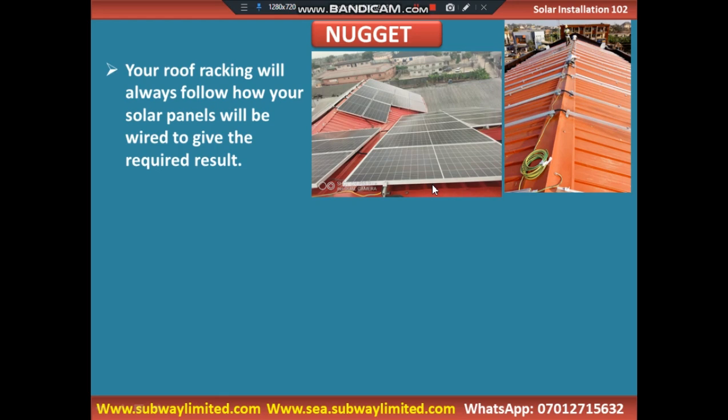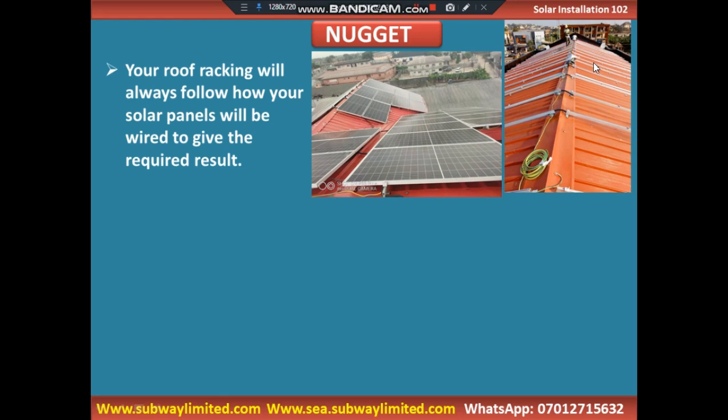So basically, if you install solar panels without racking the roof, it is very wrong. It is unprofessional. You tend to destroy the solar panel within the shortest possible time.